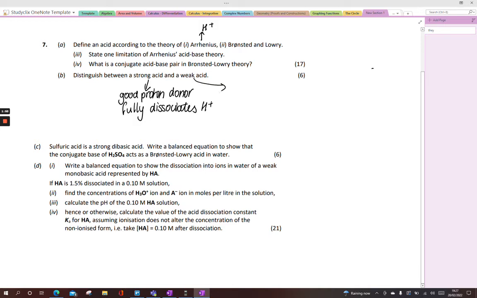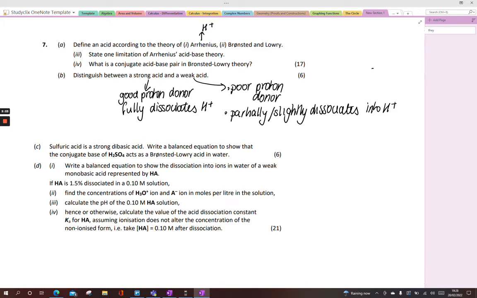And in terms of the weak acid, it's just the opposite of that. So instead of being a good proton donor, you've guessed it, it's a poor proton donor. And in terms of Arrhenius, it only partially or slightly dissociates into your hydrogen ions. So they're your standard questions to ease you in, and you have to learn those.